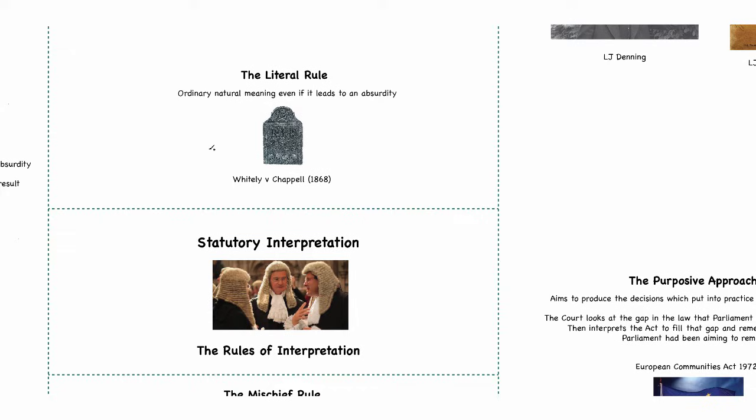And the literal rule is precisely that. It tells the judges that the way in which they should interpret a word or a direction in statute is to give it its literal meaning. And by literal, we mean its ordinary and natural meaning. So the literal rule is about giving a word its ordinary and natural meaning, even if that word leads to an absurdity.